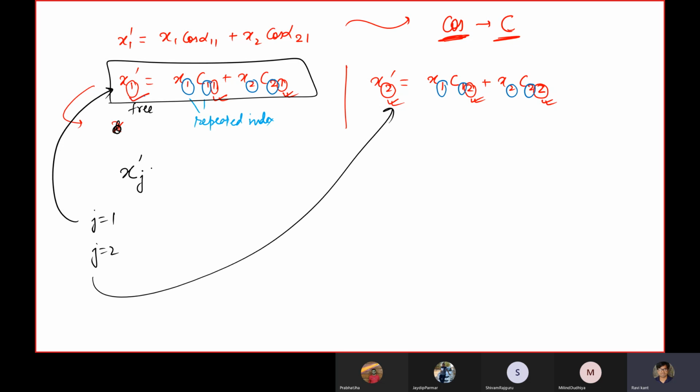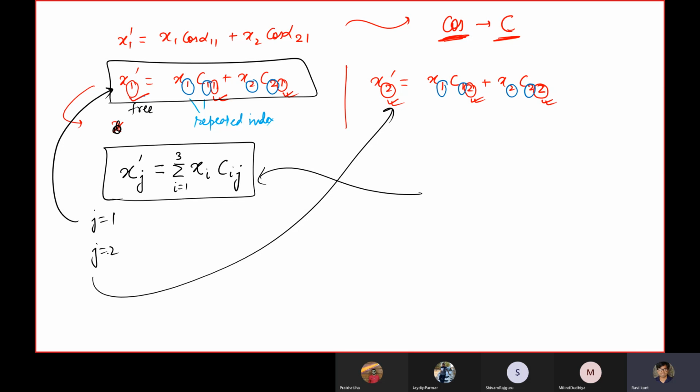So in general it can be written as x dash j equals x i c i j, summation over i is equal to 1 to 3. This is the way you should write, and once you write this, you are done with both the equations.